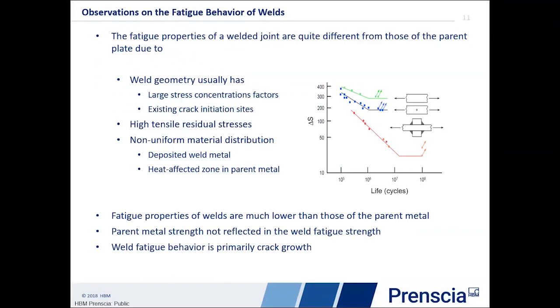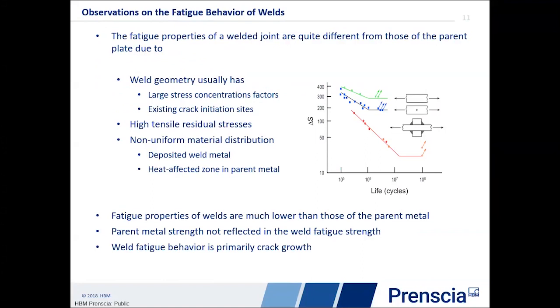One of the things you'll see, on the right-hand side, where we have a description of stress life curves for different components, is that the fatigue behavior of the welded component is significantly weaker than that of the parent metal, or even the parent metal with notches.